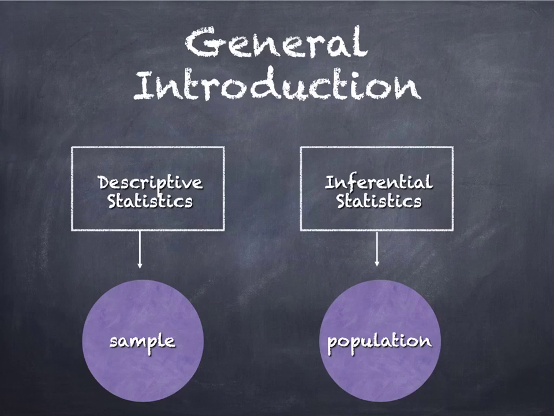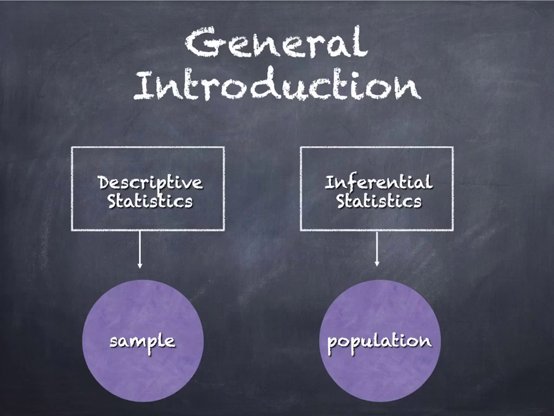So they should have some description of their participants. Inferential statistics is where they take information about their sample and make some generalizations back to the population. So if you take information about a sample of 30 Springfield College employees, you might be able to generalize back to a population of the entire Springfield College employees.